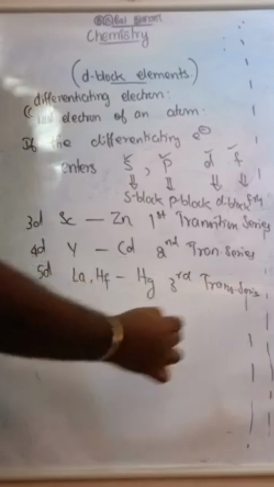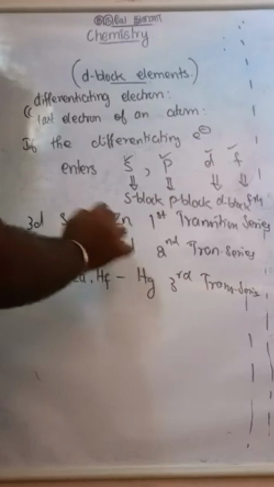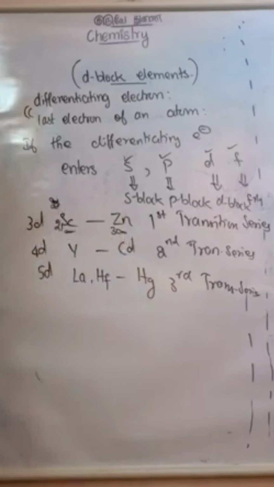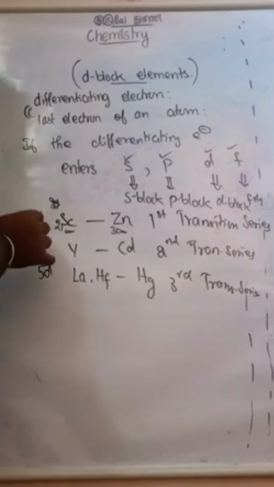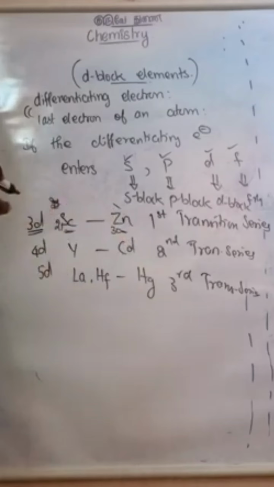Why has this classification been done? From scandium to zinc, scandium has atomic number 21 and zinc has atomic number 30. From 21 to 30, the last electron is gradually filled in the 3d subshell.